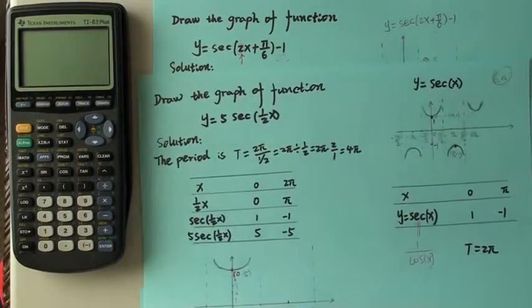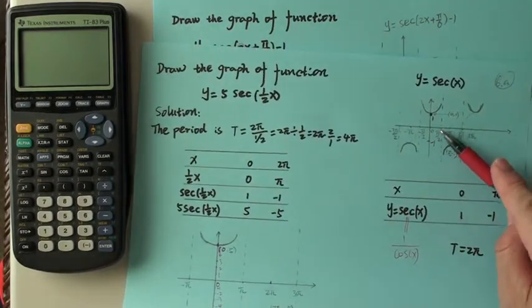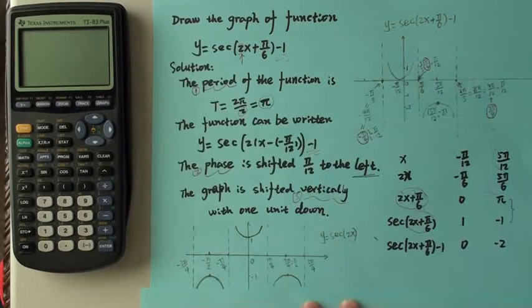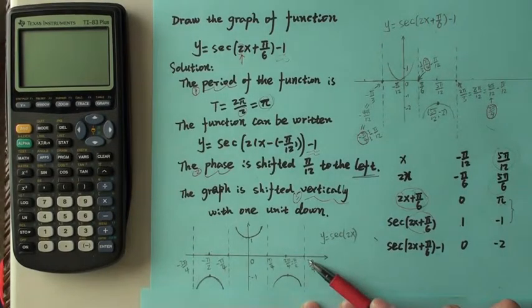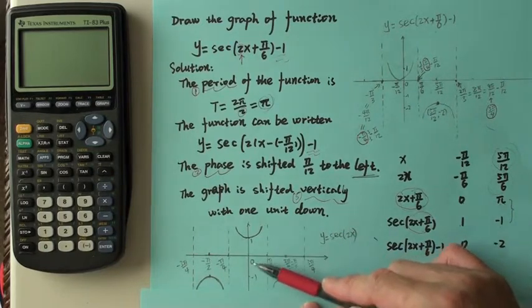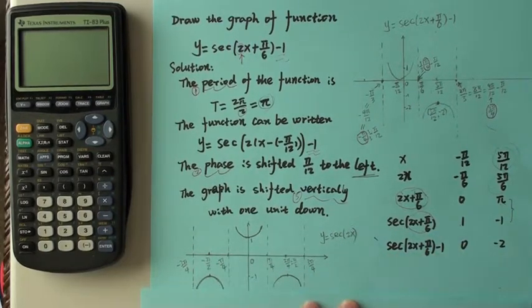The second one, it was 3 pi over 2, then down here 3 pi over 4. So secant 2x, you will get everywhere divided by 2. Secant 2x has this kind of picture.